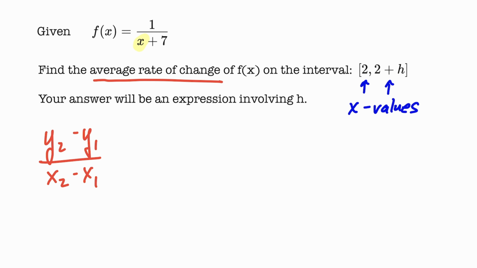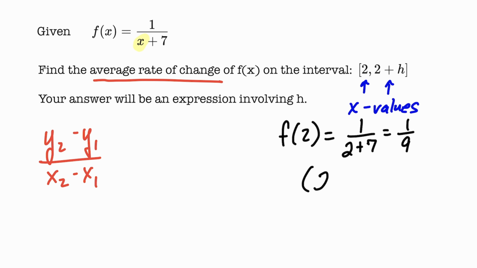The first one is hopefully not too bad. We're going to fill in the 2 where the x is in that function. So it's 1 over 2 replaces the x plus 7, which simplifies to 1 over 9, making the ordered pair 2 as an x value, 1/9 as a y value.